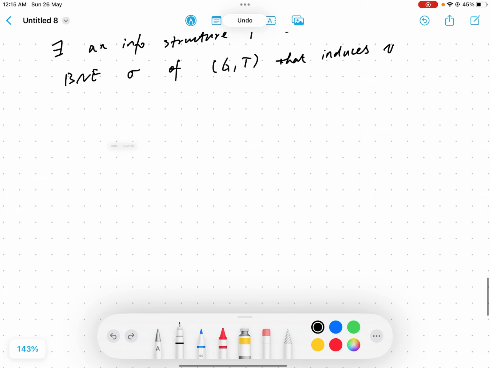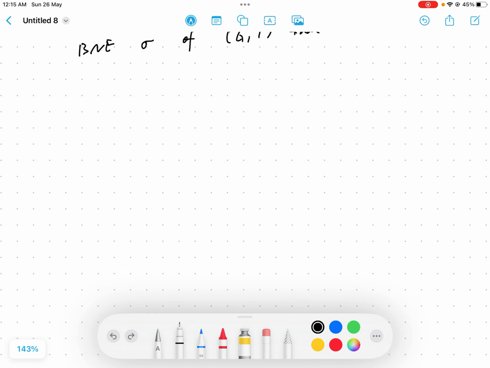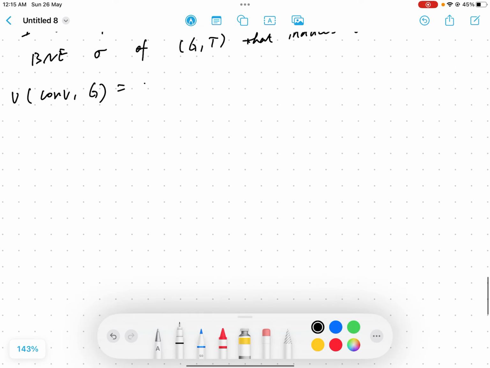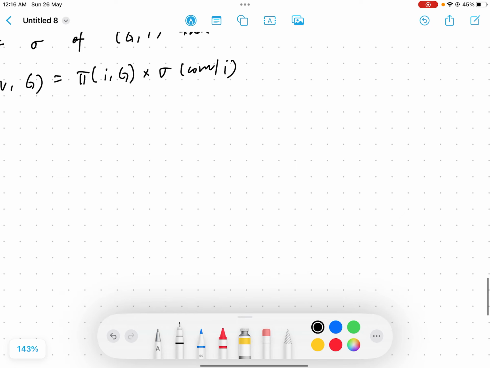V is just the joint distribution over this omega and A. So V(convict, big G) is nothing but pi(I, G), the joint distribution over the signal and the state, times sigma(convict given I), plus pi(G, G) times sigma(convict given little g).